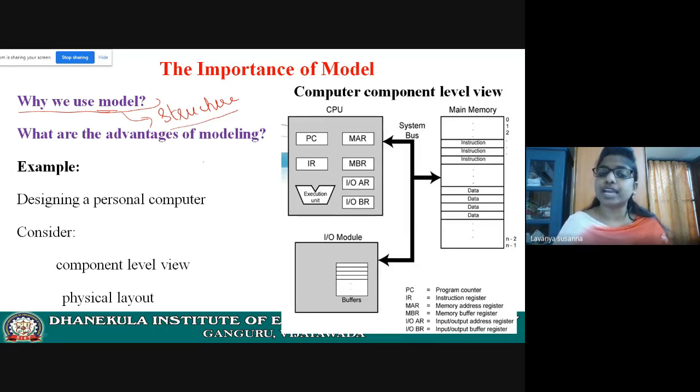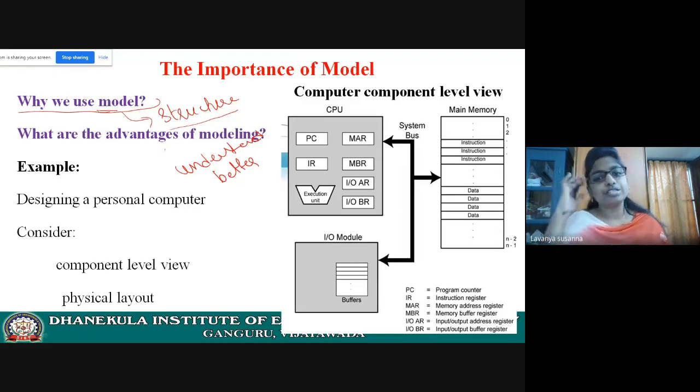If you show in diagrammatic format, you can understand better, and it simplifies the reality. Your problem domain can be analyzed, and you can also visualize the system before the system is implemented.